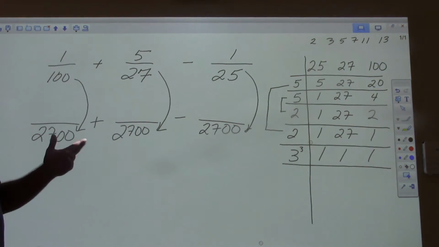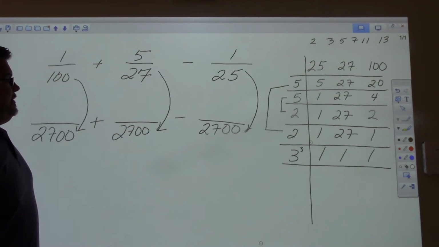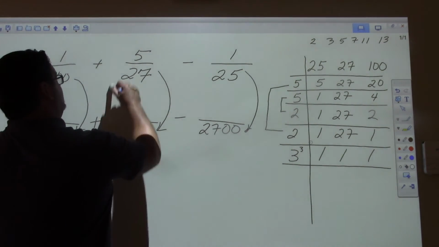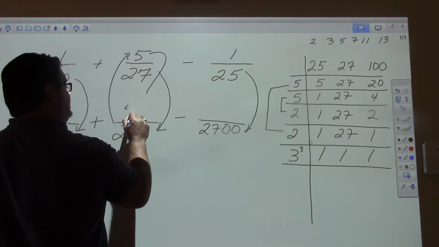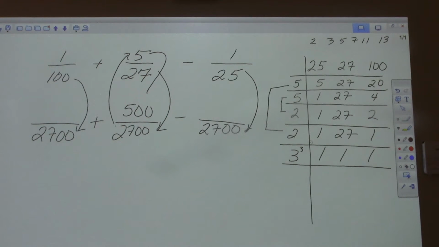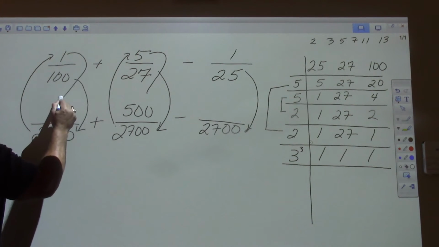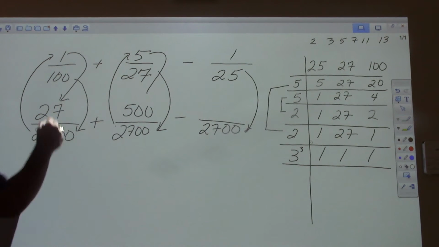Now I'm going to do the middle one for you because that one's so difficult. 27 will go into 2700 how many times? 100 times 5 is 500. Now how many times will 100 go into 2700? 27 times. Say 270.